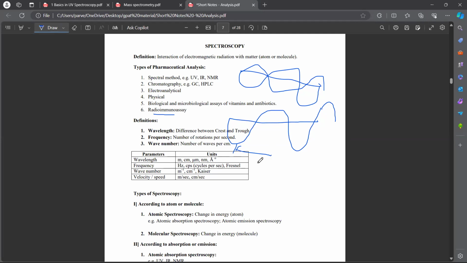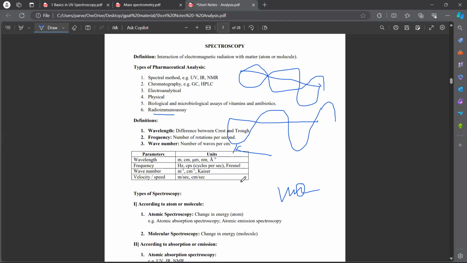Frequency is the number of waves that travel past a particular point in a duration of 1 second. Frequency is inversely proportional to wavelength, so a wave with a larger wavelength will have a smaller frequency.